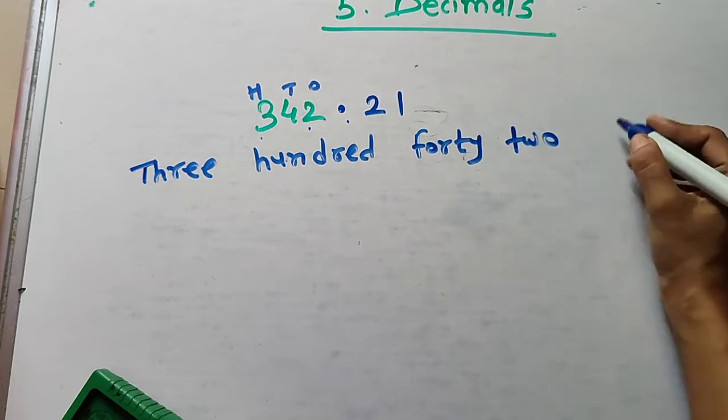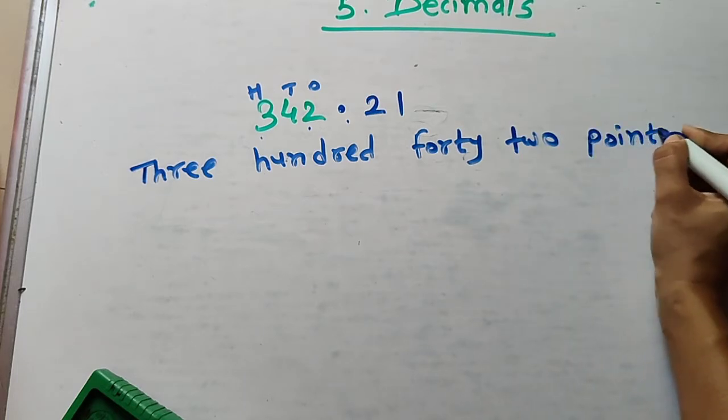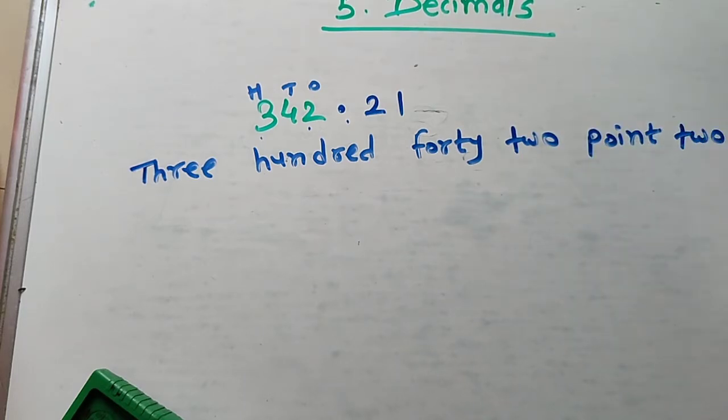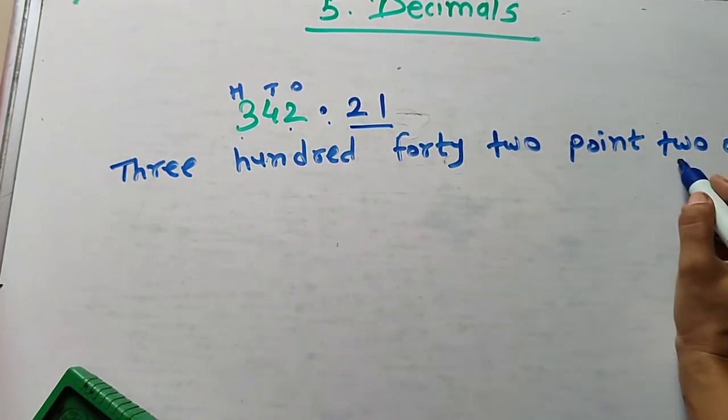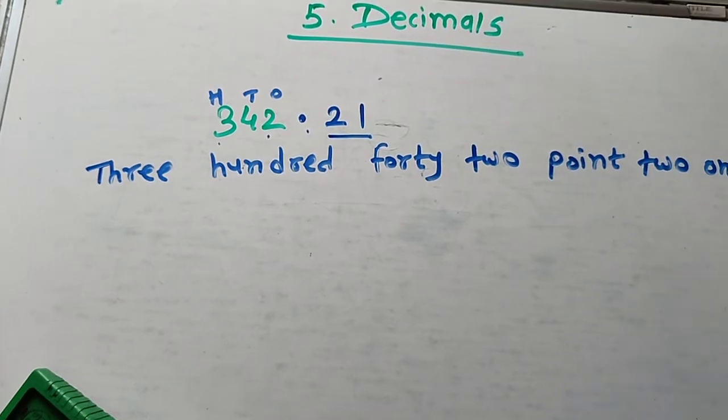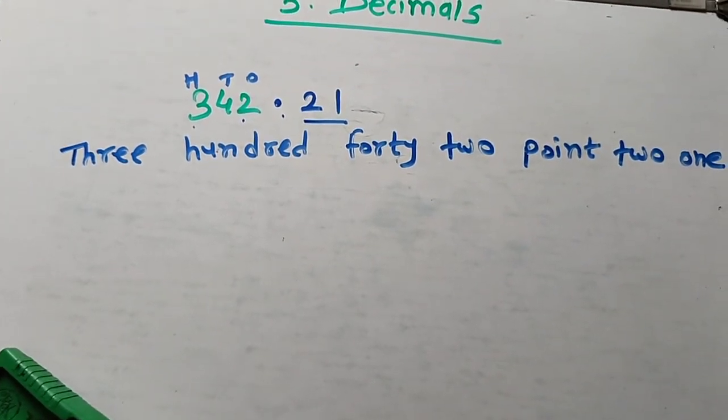But after that, we get 0.21, not twenty-one. You do not have to read it combined. You have to write the number 21. Okay, so this is the number name.